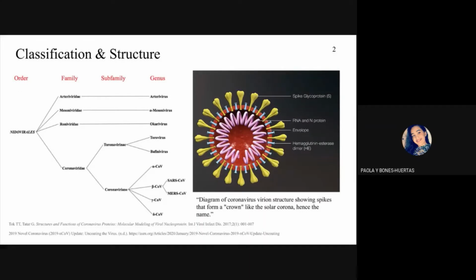And we have the alpha coronavirus, the beta coronavirus, the gamma coronavirus, and the delta coronavirus. In the next diagram, we can see their structure, where you can see the crown-like appearance due to the spike glycoproteins that make up the surface.